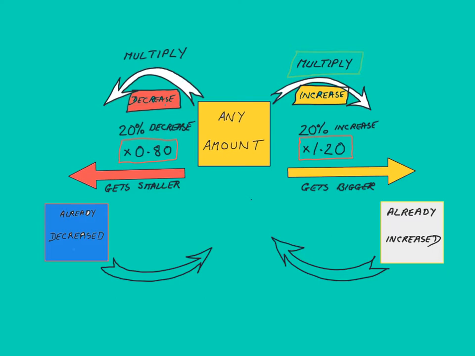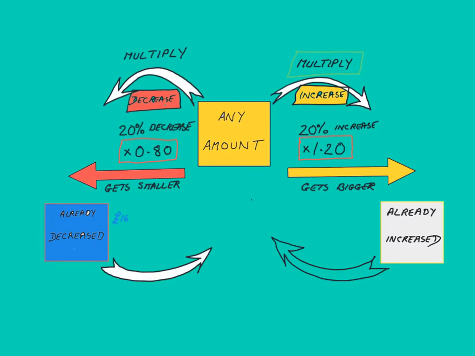Suppose, for example, that I am told that I have some item that costs £16 that has been reduced by 20% in a sale. And what I'd like to know is, how much did it cost before it was reduced?